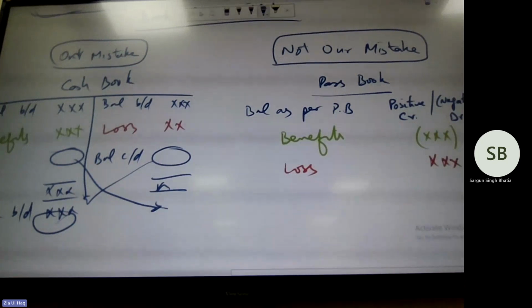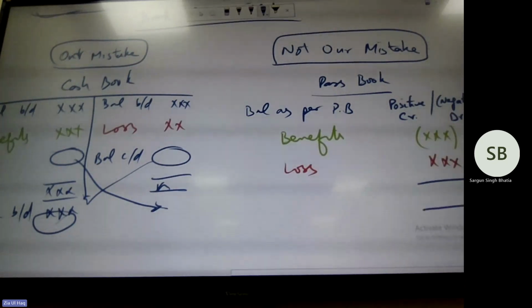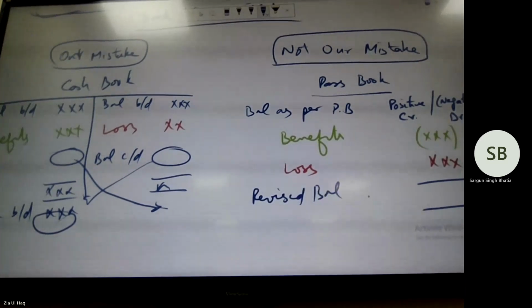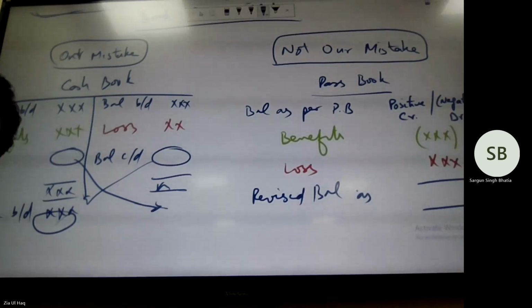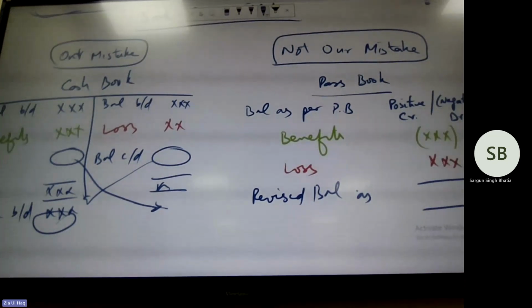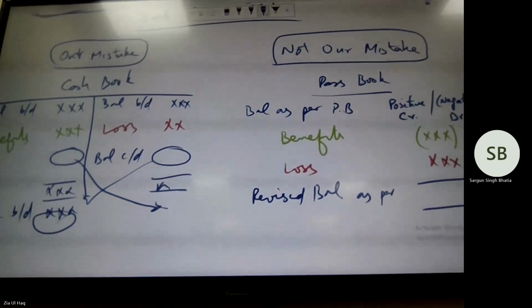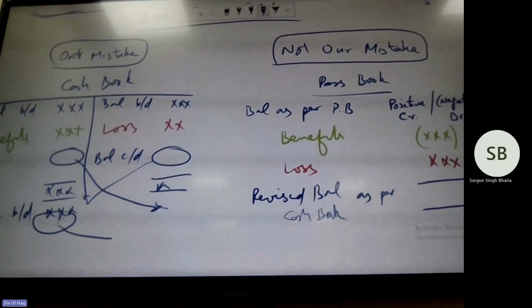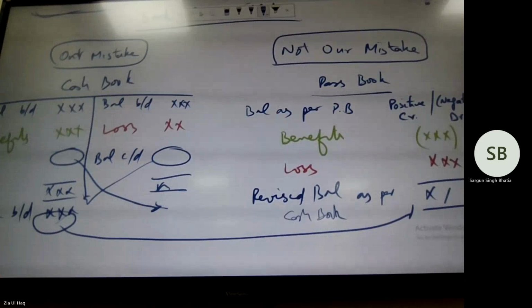And then we will be able to find the revised balance as per passbook, revised balance as per cash book. And this balance and this balance should be the same.